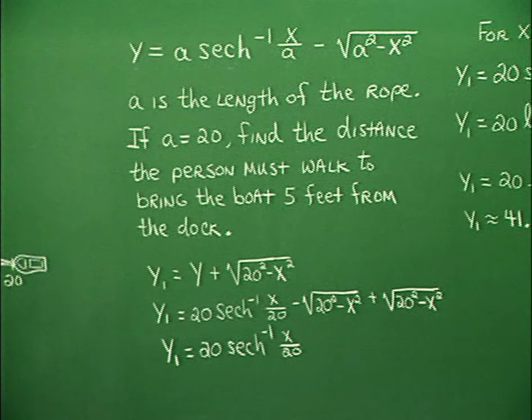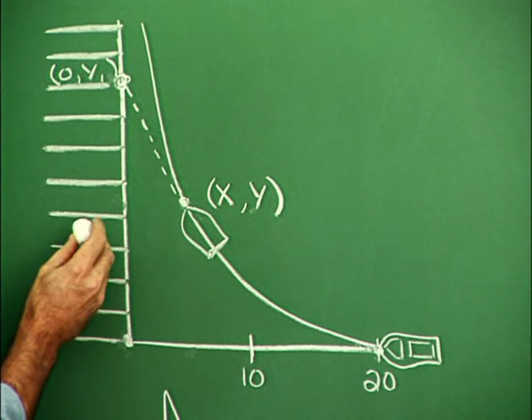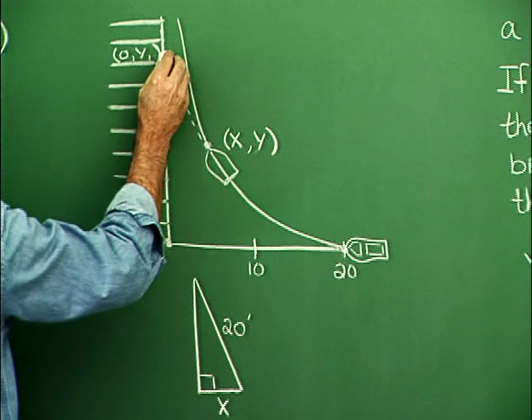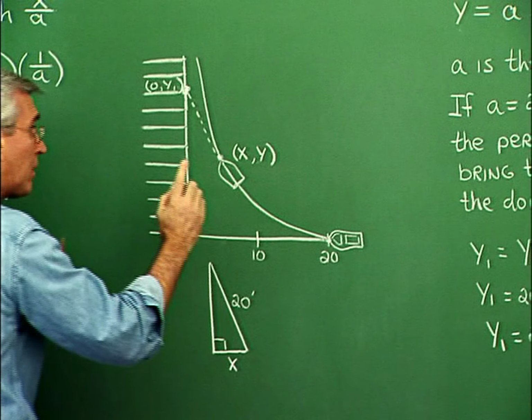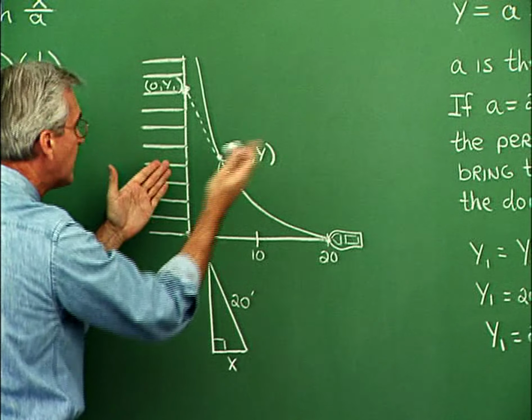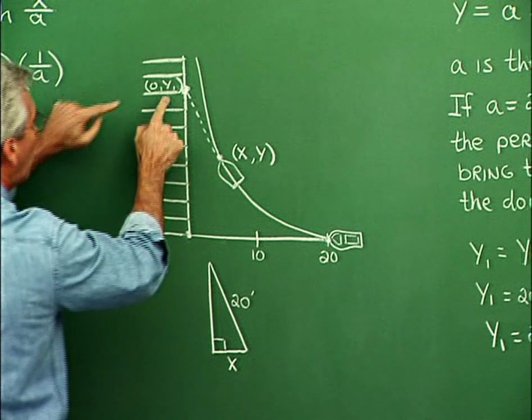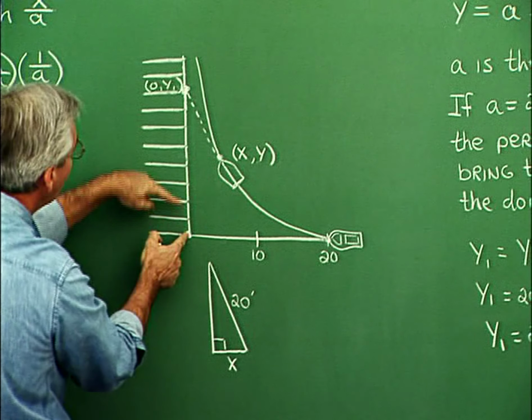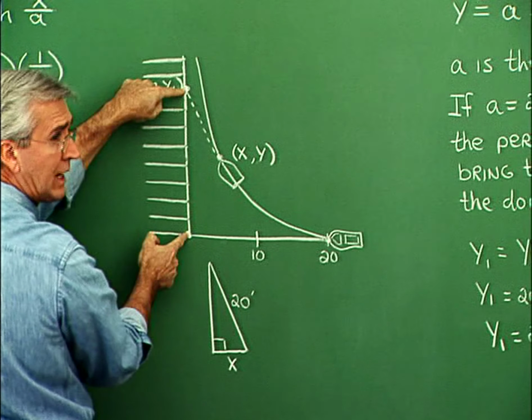Let's come back over here and revisit the problem. This point is the point to which the person needs to walk in order for the boat to come as close as we want it to the dock, 5 feet in this case. Now, the y1 is this vertical distance, and that's what we're trying to calculate. How far is this person having to walk?